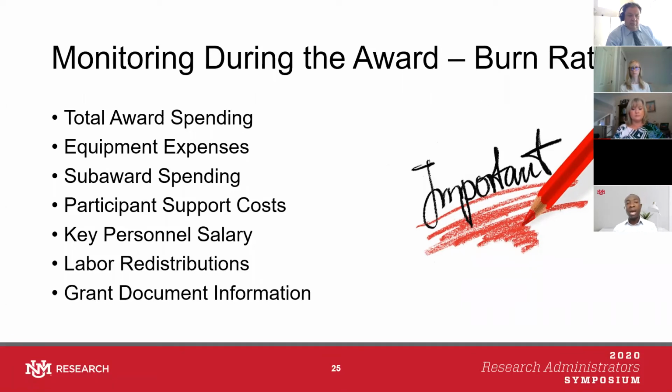And that the PIs are putting the appropriate effort required by the grant. Also, that you are not waiting till the end of the award to do significant labor redistributions, if costs were, for example, located somewhere before the award was set up. And of course, you want to make sure that appropriate documentation is being kept throughout the life of the award.